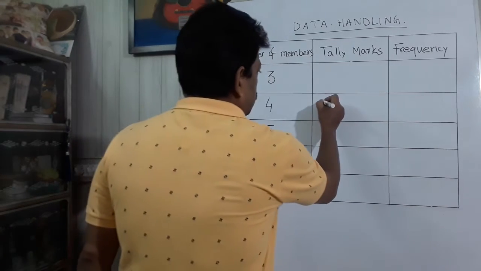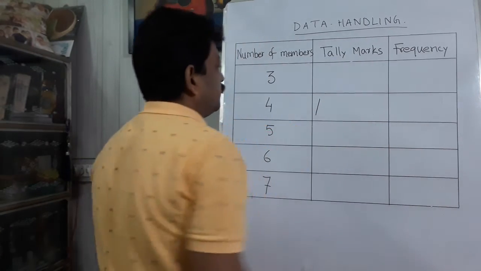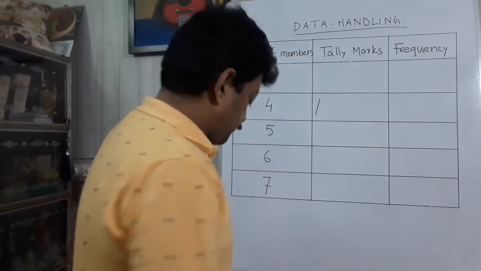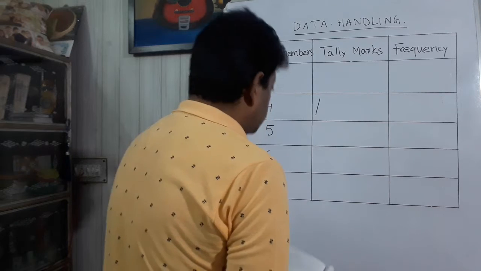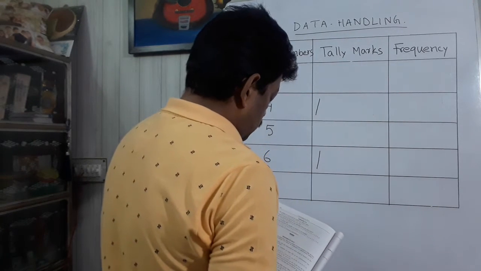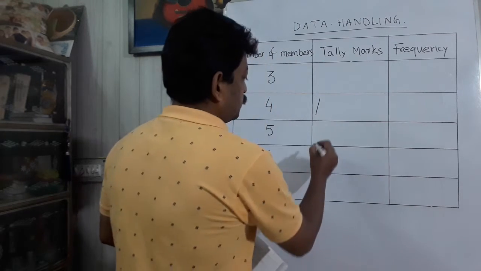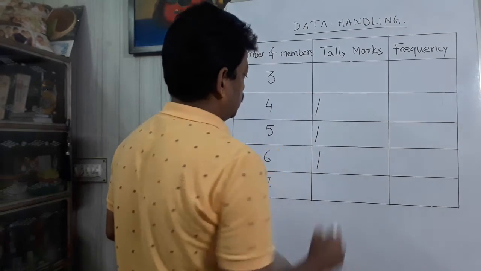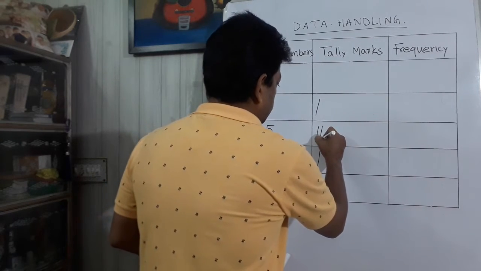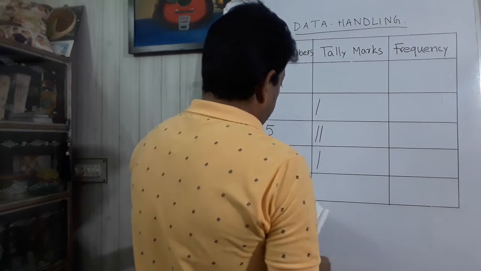So there is 1 tally mark for 4. Then it is 6. So 1 tally mark for 6. Then the number of members is 5. So here 1 tally mark in the column of 5. Again 5, 1 more tally mark. Then 4.